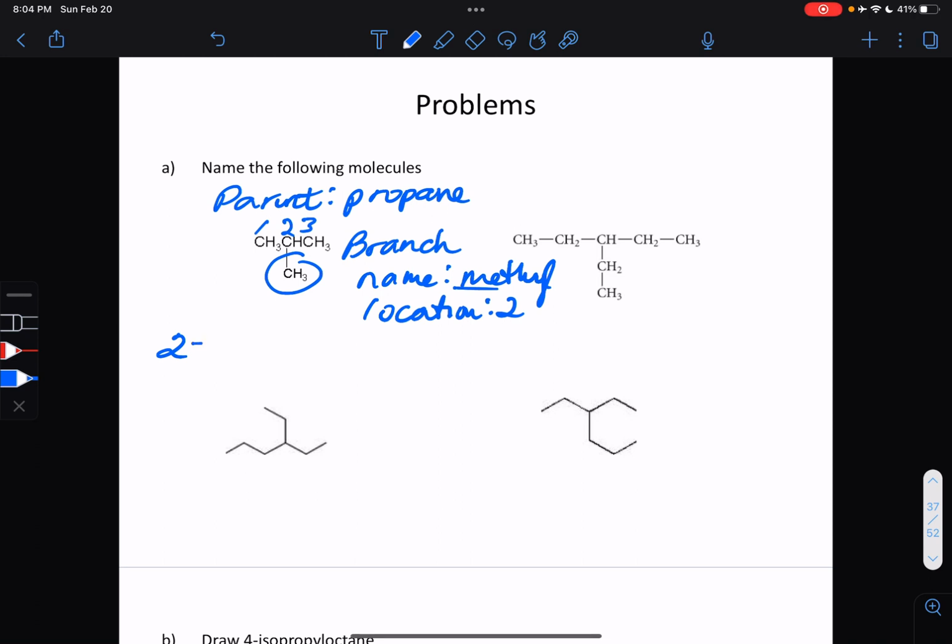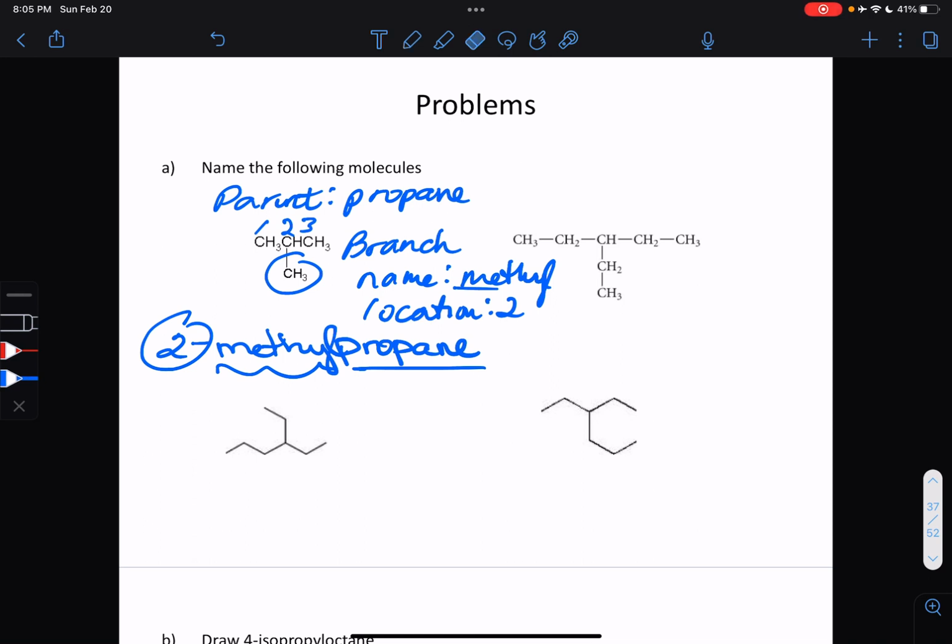We put a hyphen. Because why? Because that's the rules that IUPAC made for us. So we have a 2-methyl, and then no space, and what comes next? Propane. You are right. We have 2-methylpropane. So we have a principal chain that's 3 carbons long, that's a propane, and we have a methyl group hanging off the second carbon of the propane.